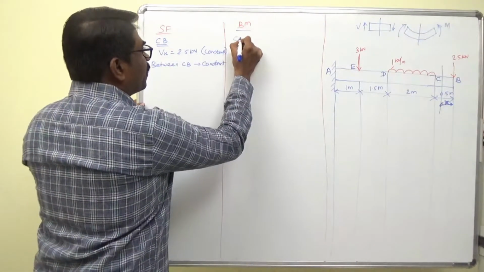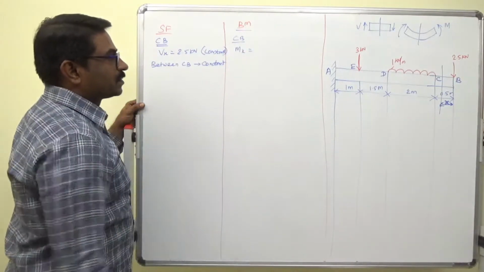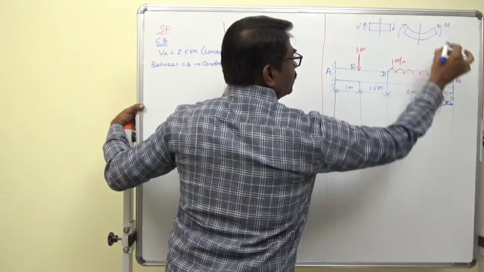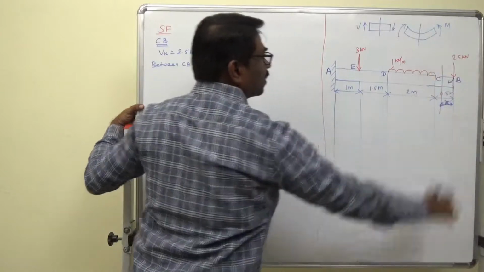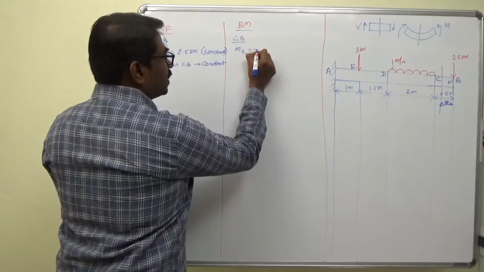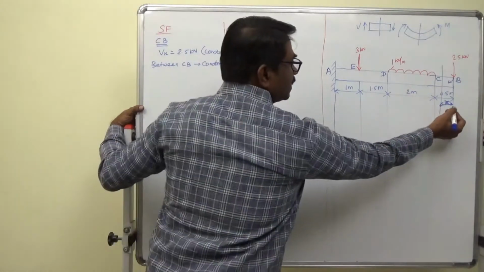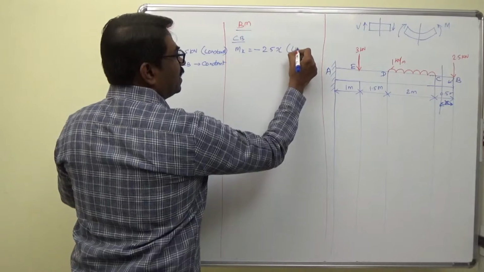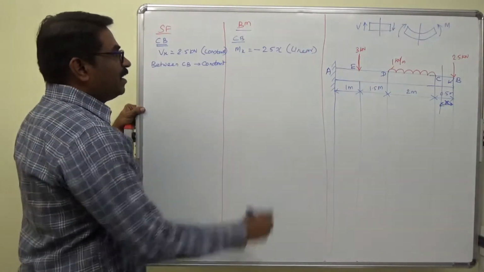Now we will find the bending moment Mx. Right side counterclockwise is positive. Here this force 2.5 kilonewton will produce clockwise moment, so negative 2.5 is the force. What is the perpendicular distance? X is the perpendicular distance. It is a linear law.